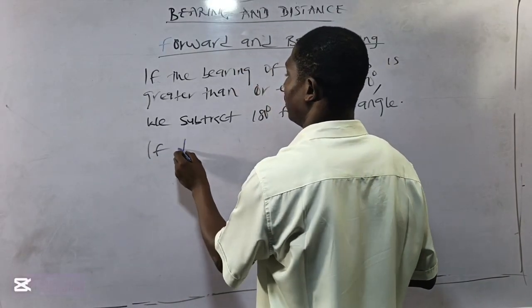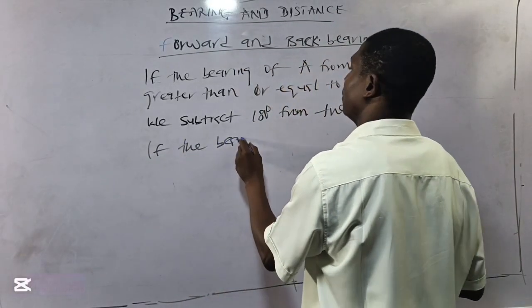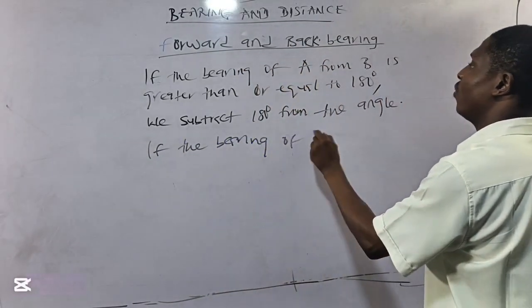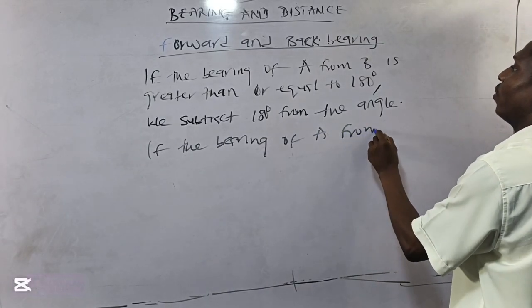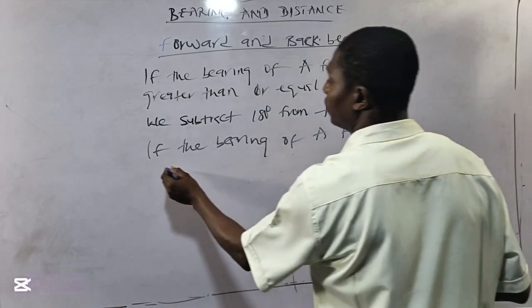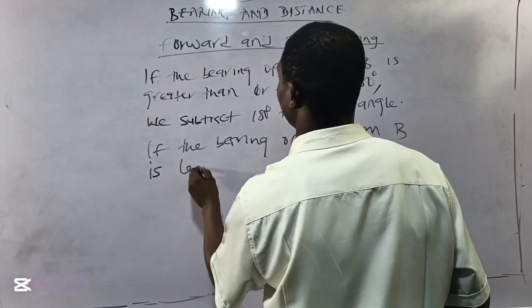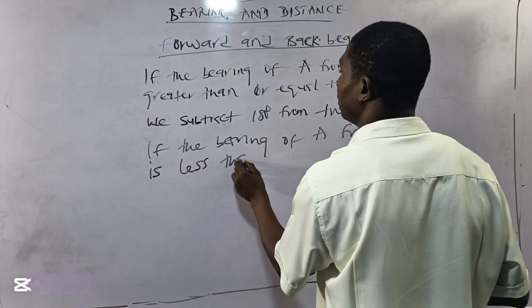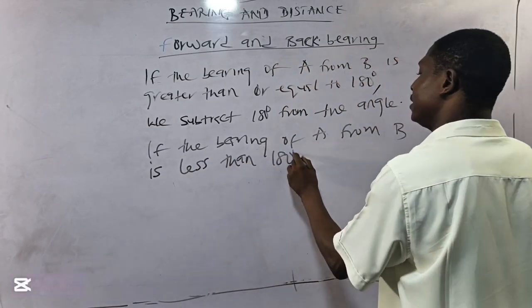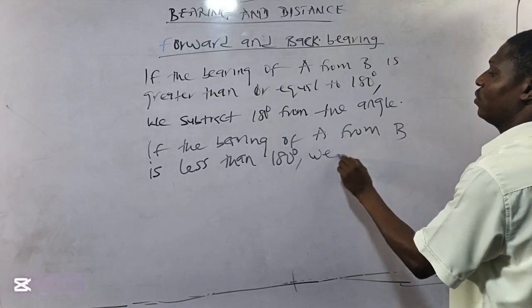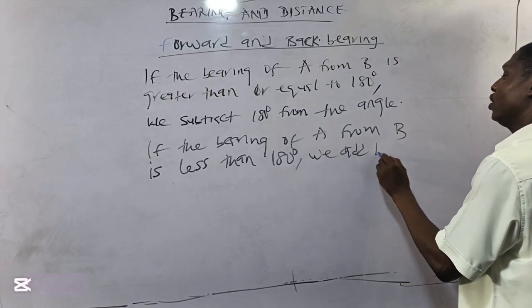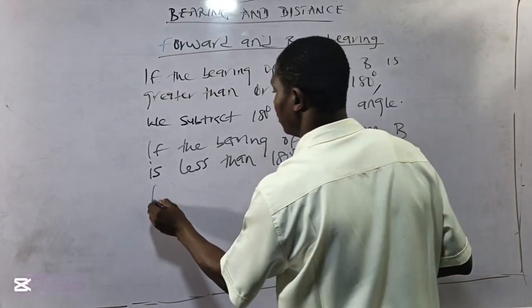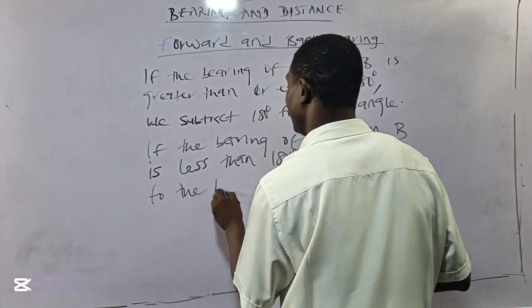And if the bearing of A from B is less than 180 degree, we add 180 degree to the bearing.